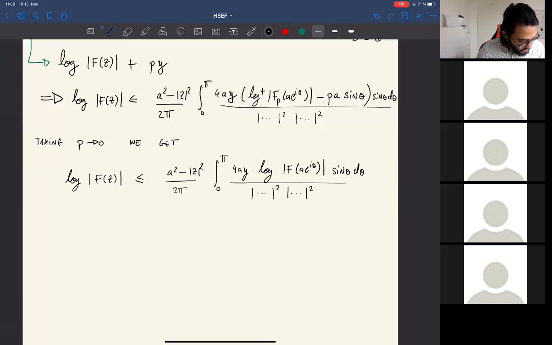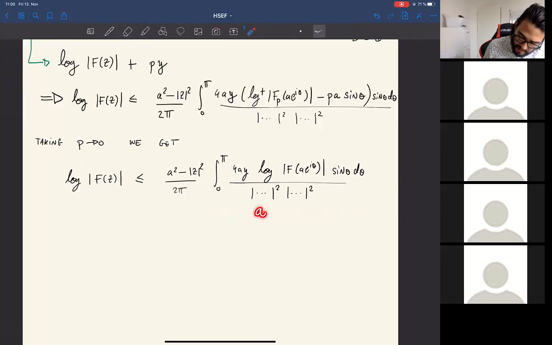Then now what do we do? Well, this works for whenever z is less than a. So now what we do, we just take a to infinity. When we take a to infinity, you note that this right-hand side is fixed z, and you take a to infinity.